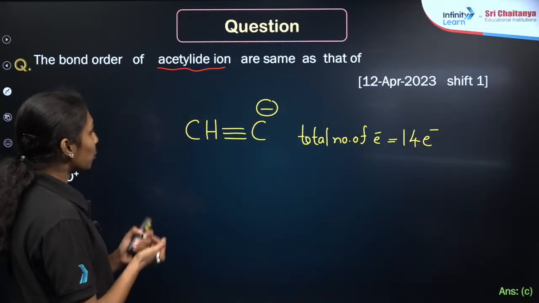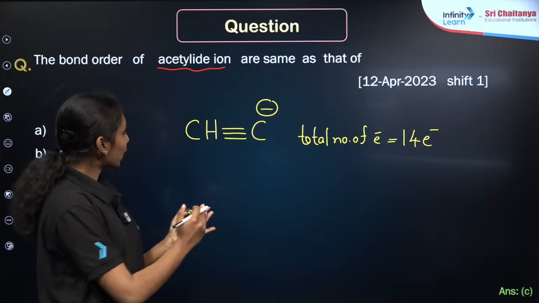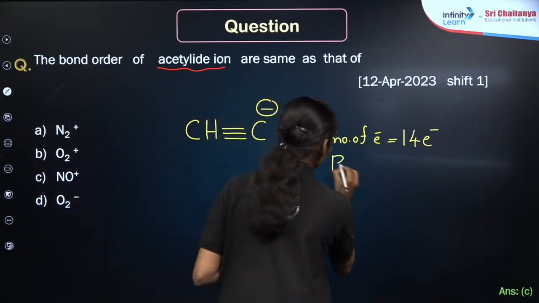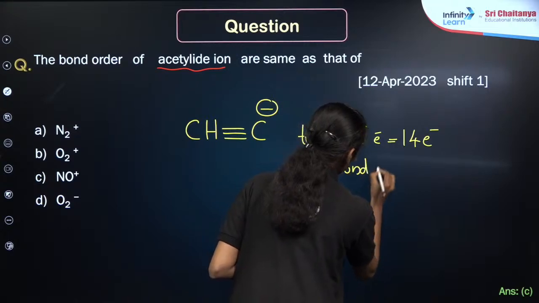Yes. So, we have an idea about the bond order, right? No need to write the molecular electronic configuration. For 14 electrons, what will be the bond order?